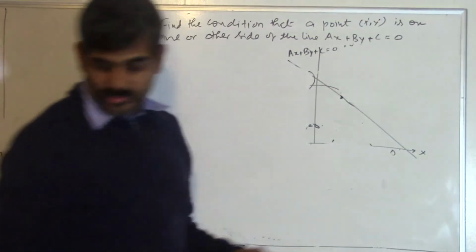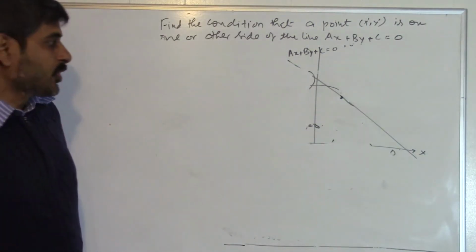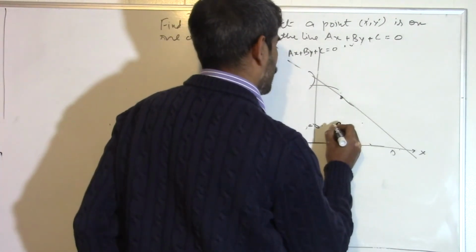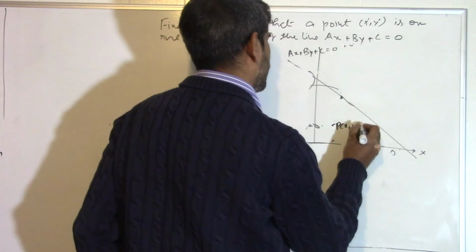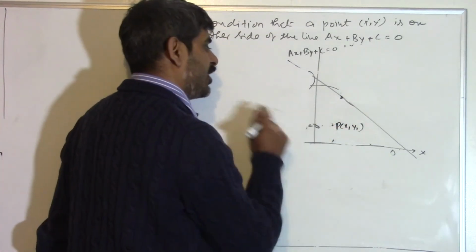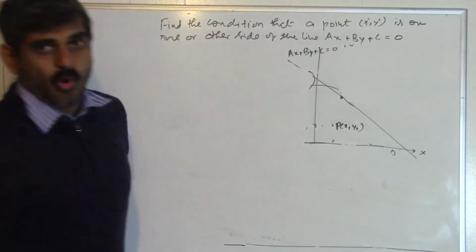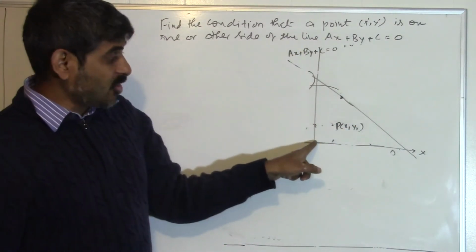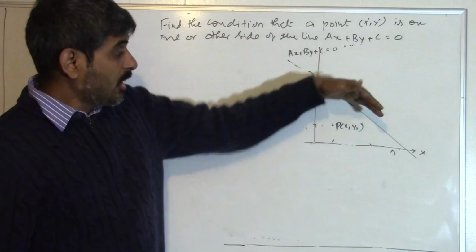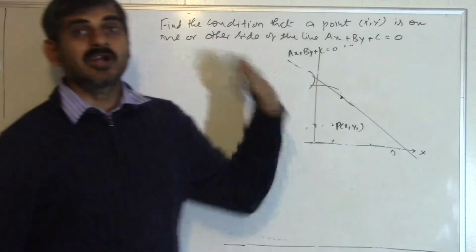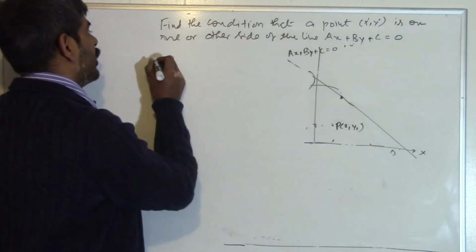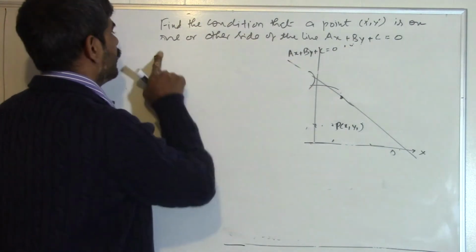Finally, we are now considering a case where we are given a point P, call it x1, y1, and we are trying to find out, is this point on the same side that contains the origin, or on the other side that does not contain the origin. That means we are given one point which is the origin.